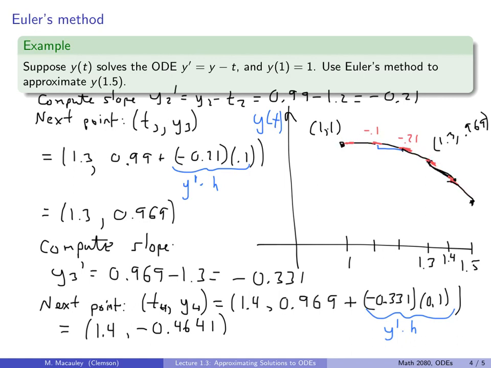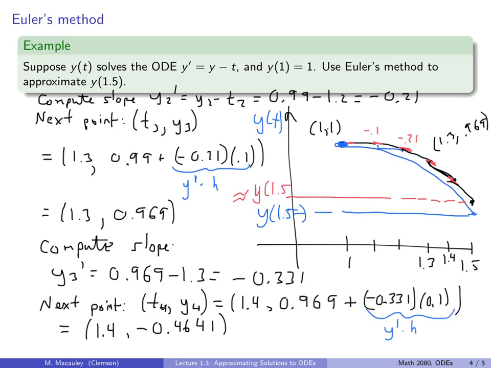Now we know that the real solution is going to be some sort of smooth curve. So the real solution is going to start here, and I'm not sure which direction we're going to overshoot it at, but it's going to be something like this. And then when we get here, this is going to be the real value of y of 1.5. And what we're getting is an approximate value. So this is going to be approximately y of 1.5. Okay, so let's do this last step.